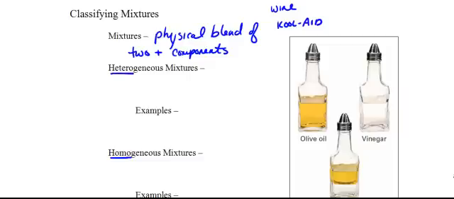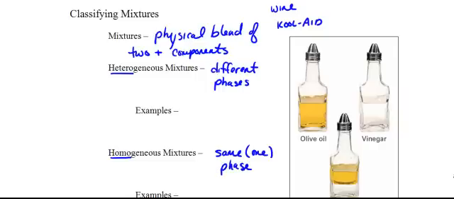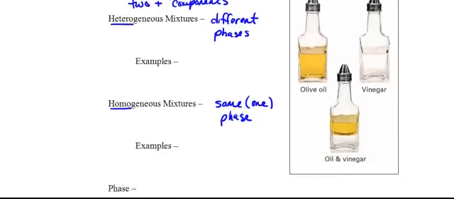So a heterogeneous mixture is one that has different phases, as opposed to a homogeneous mixture, which is going to have the same or one phase. Now, before we even get into the example here, let's talk a little bit about a phase and then we'll come back up.